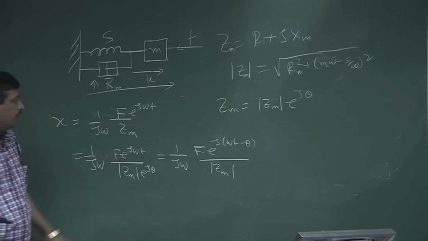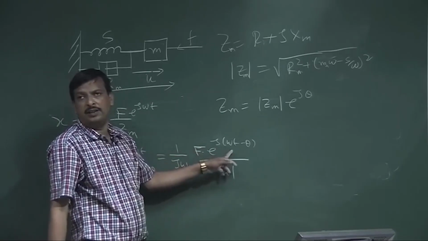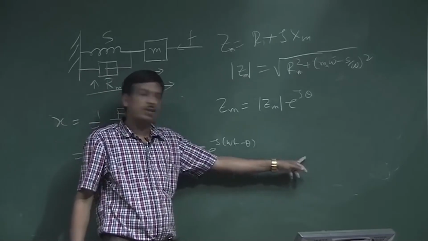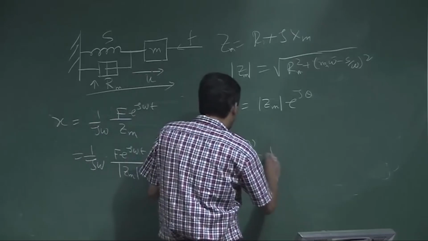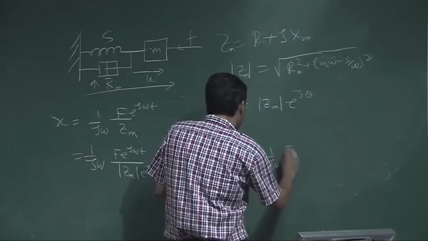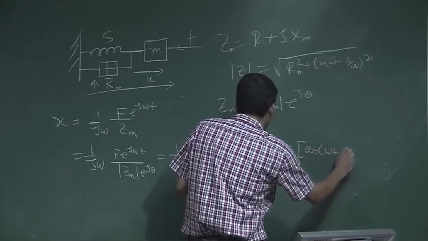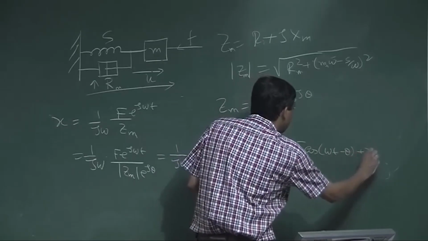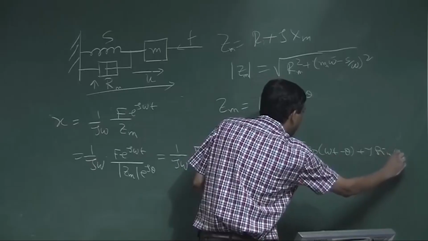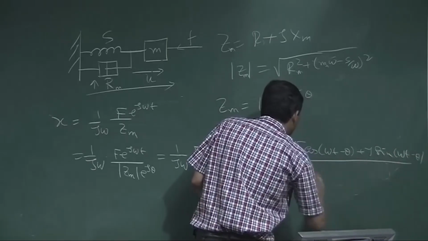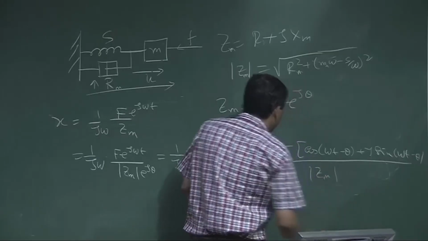Okay. Now, e to the power j theta is cos theta plus j sin theta. So, I can express this term as 1 by j omega into f into cos of (omega t minus theta) plus j sin of (omega t minus theta), divided by mod of Zm.